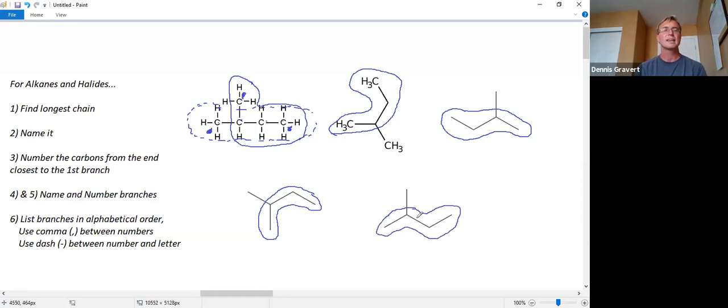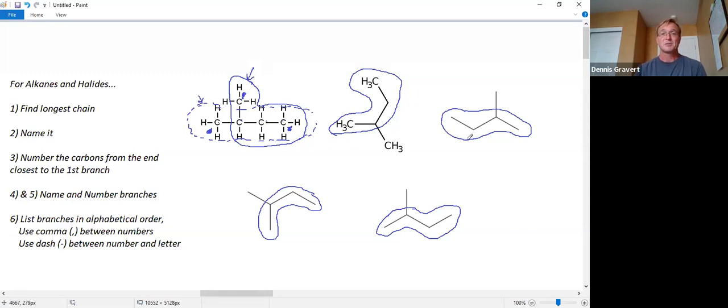Turns out we're going to get the same name as long as they both have a chain of 4 and 1 branch. Okay, we found the longest chain, and unfortunately in this example, there were 2 correct answers: the one in the straight filled in lines or the dotted lines.